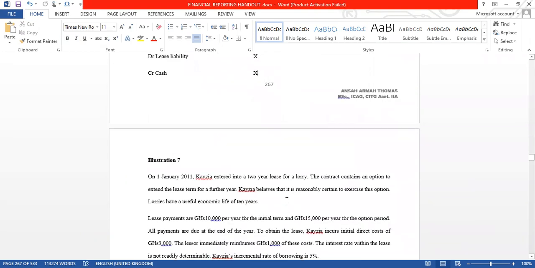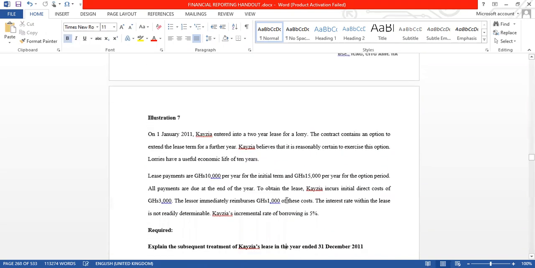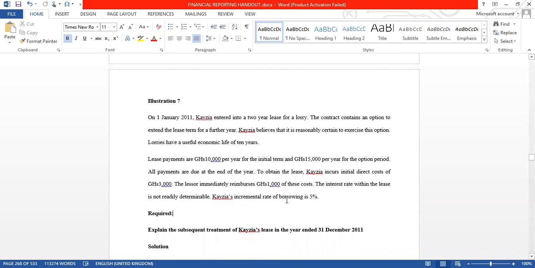All right, so let's look at my good friend Kezia. So we have Kezia entering into a 2-year lease for a lorry. It's been a long time since I had a lorry.